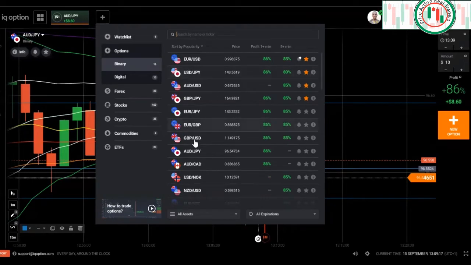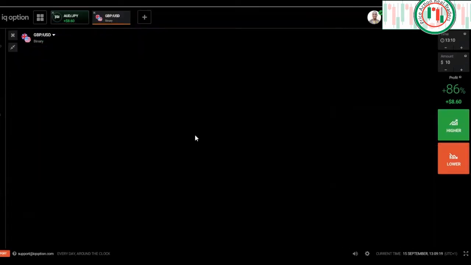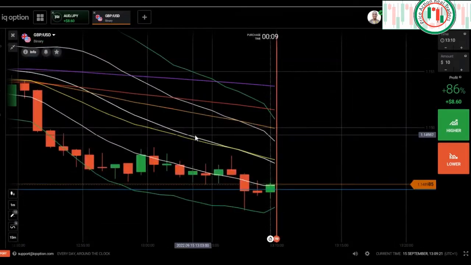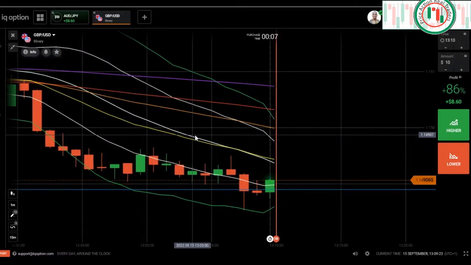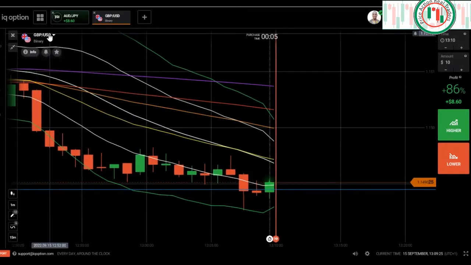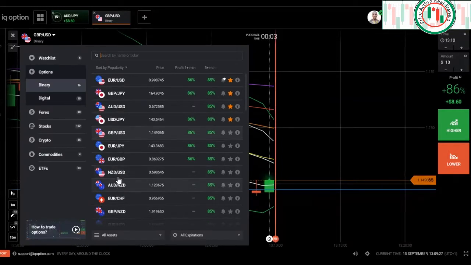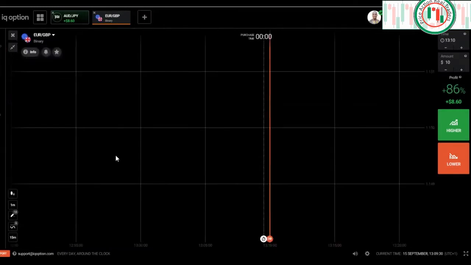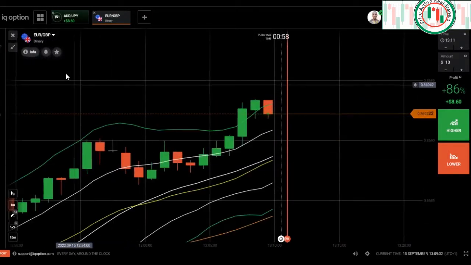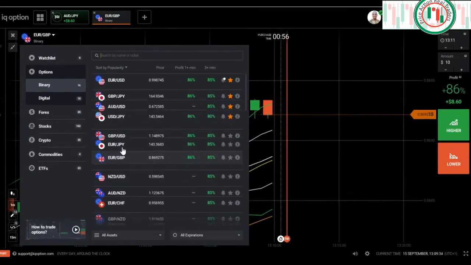Because of the ranging market, let me check another one. I will try to take like 3 trades, then I will explain and show you more. This is strong trend.